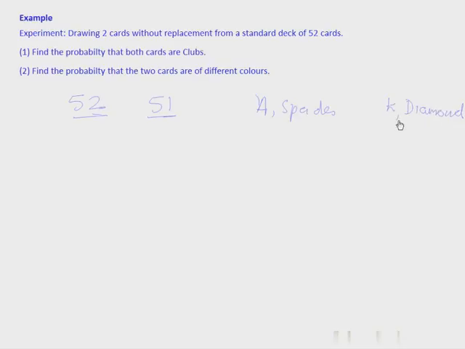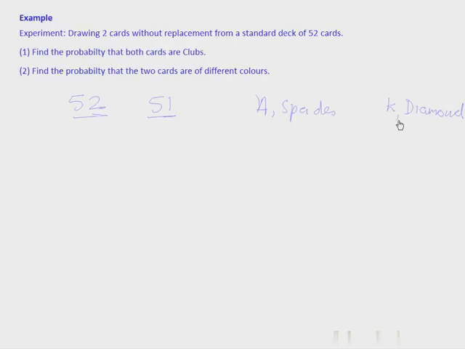So that's one outcome. However, this could have happened another way. I could have got the king of diamonds in the first card and an ace of spades in the second card. And finally, when I have those two cards in my hand, there is no way of knowing that I got it the first way or the second way, because here I'm drawing two cards without replacement.